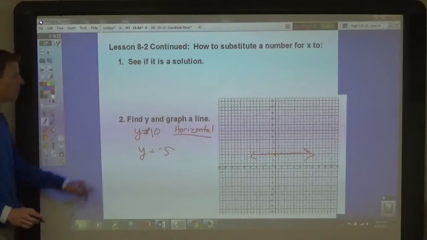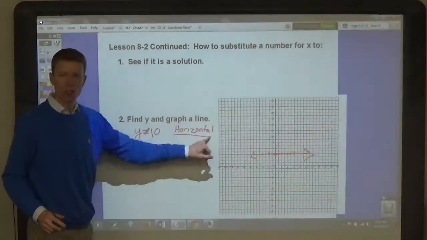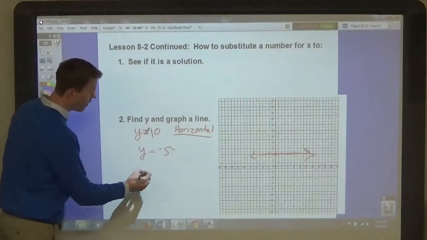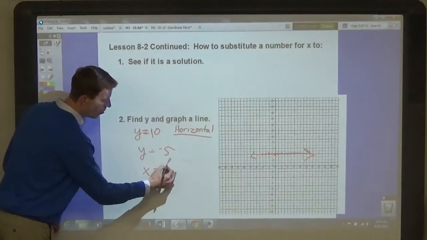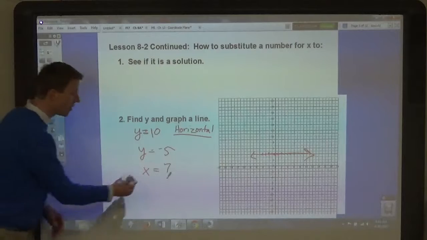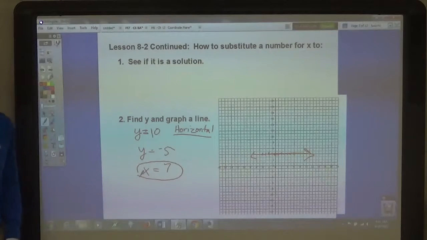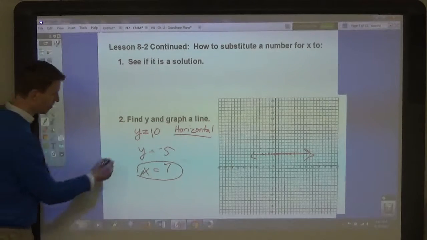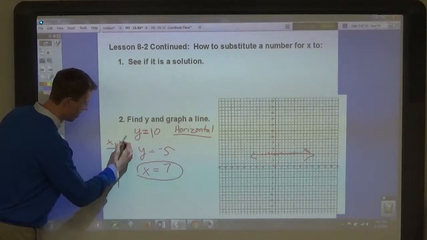Alright, so if y is equal to a number, it's always a horizontal line. What do you think it would be if x is always equal to a number, and there is no y term? Let's say the equation that you're working with is x equals 7. What do you think that means, Nate? Maybe that you just have to make up numbers again. Yeah.